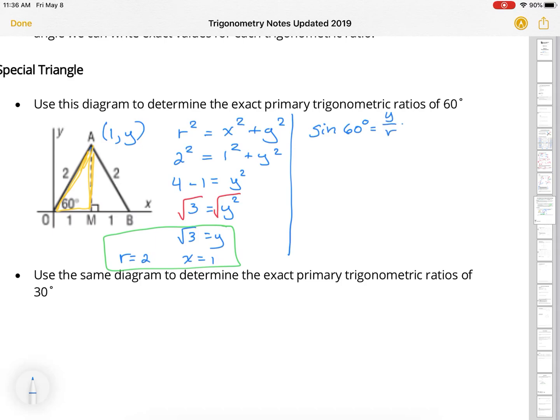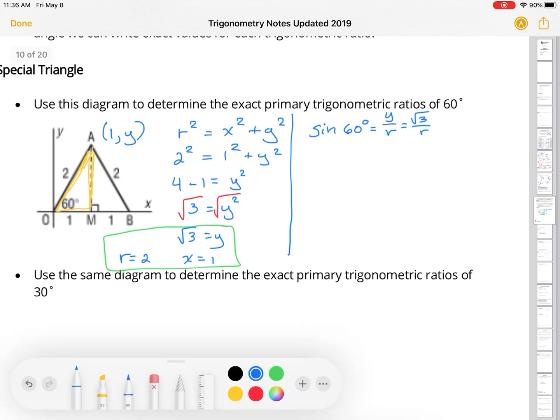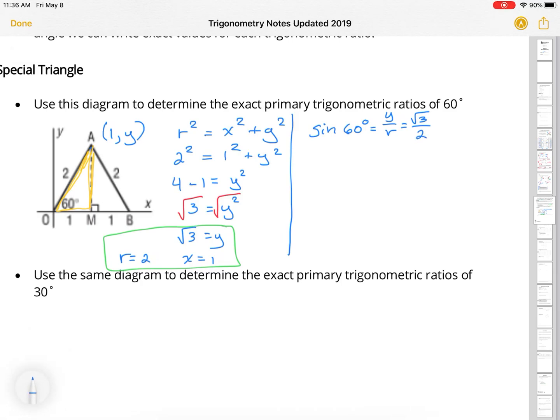Looking at this, sine of 60: sine is equal to y over r. So that is root 3 over r. Oh, sorry, I know the value for r, so I can put that in: root 3 over 2, okay.